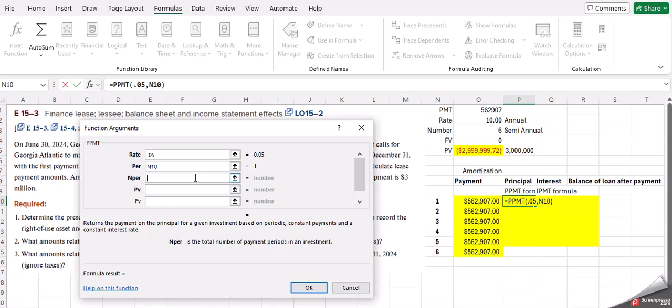The number is going to be the 6. Then the PV is 3 million. And then no future value.